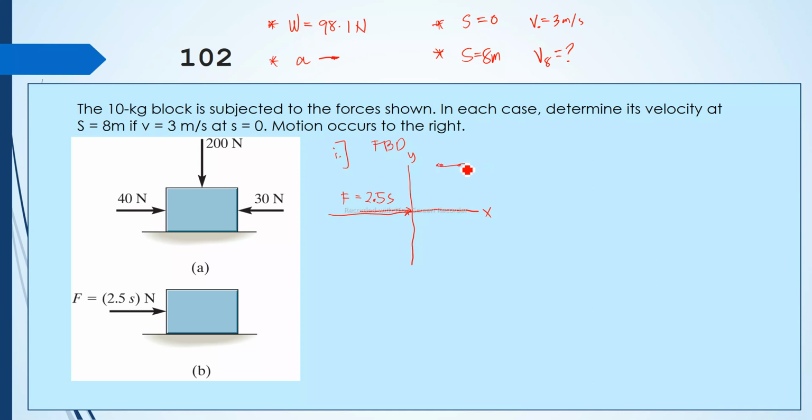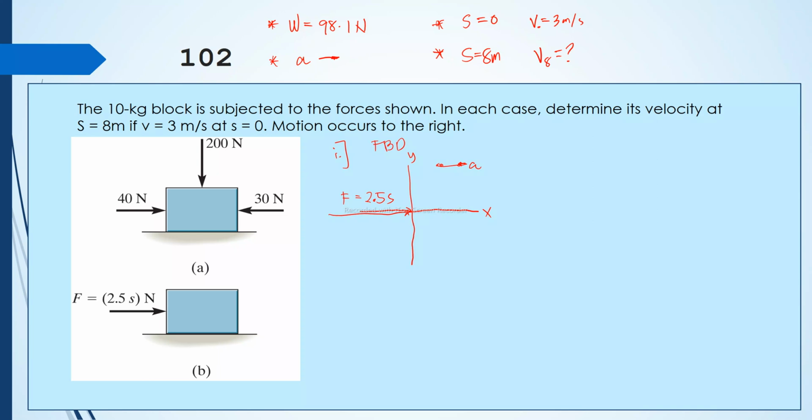The acceleration is also towards the right. Now in this FBD, we can disregard the forces acting along Y because it has a smooth surface. It does not resist or affect the motion of our block.